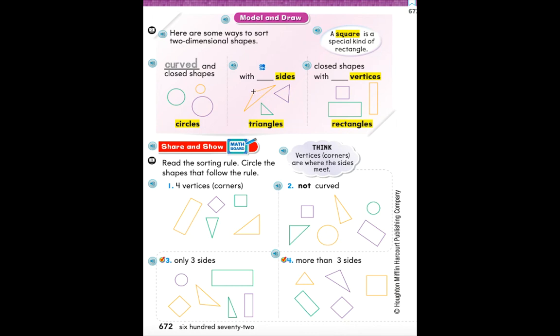These triangles have three sides. How many sides? Three sides. It starts from this point.